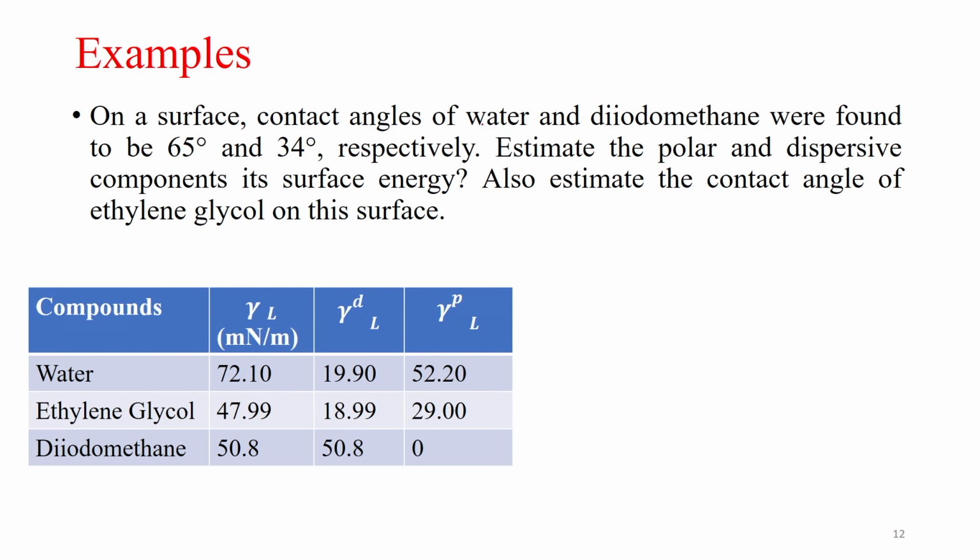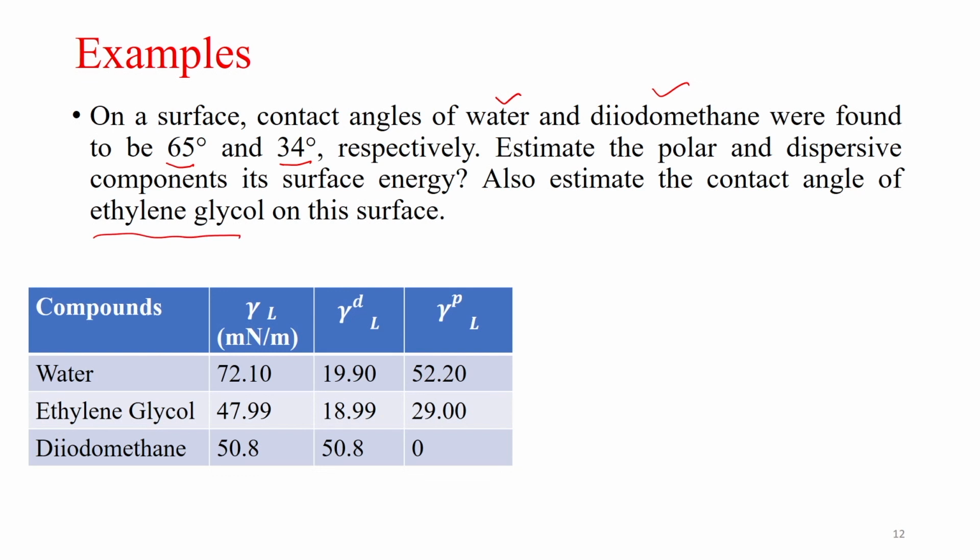One was water, the other liquid was chosen as diiodomethane, and their contact angles were found to be 65 and 34. So, now you have to calculate the polar and dispersive component of that particular surface, and also once this is known, you want to calculate the contact angle of another liquid, ethylene glycol.